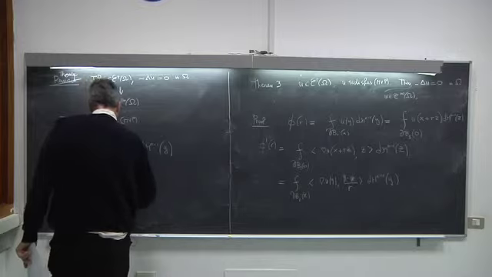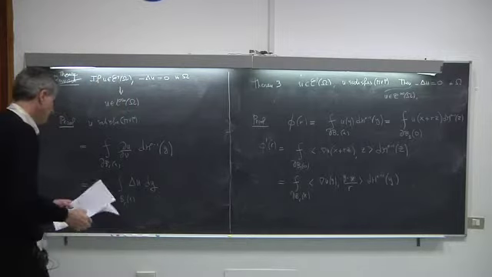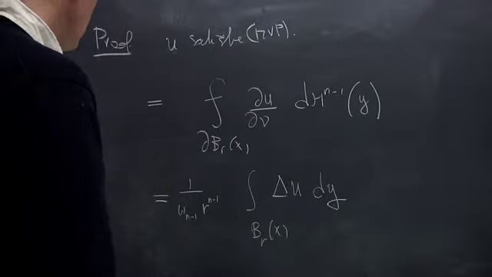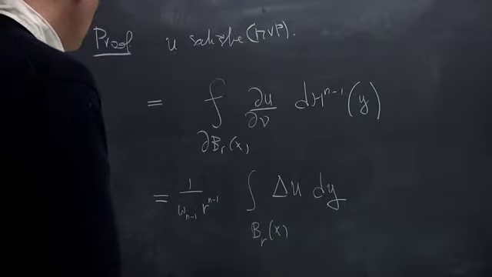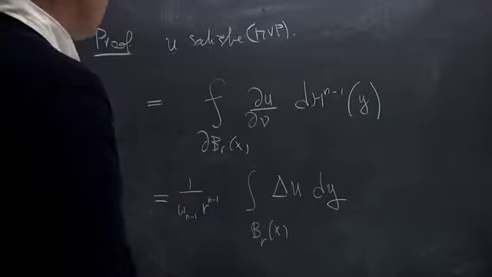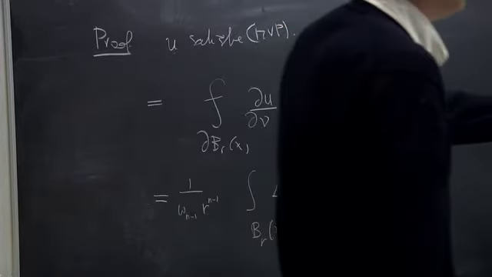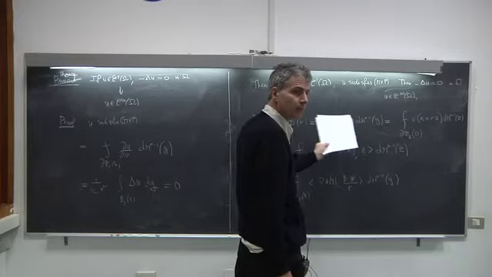And then I have the solid ball. Okay, so this is equal to 0, because phi, we know by the mean value property, is independent of r.